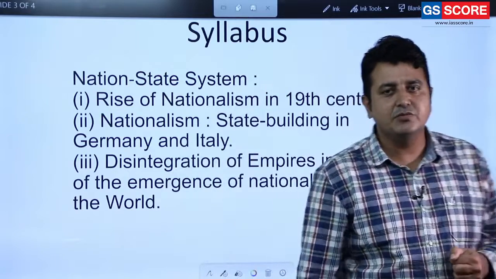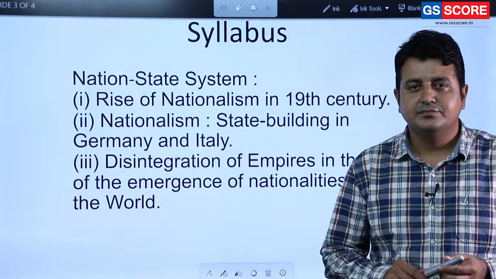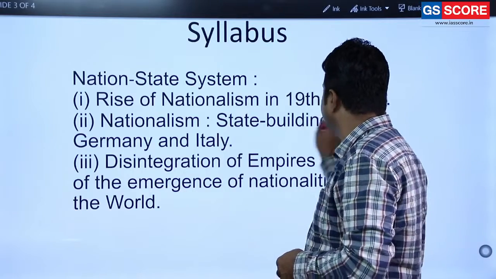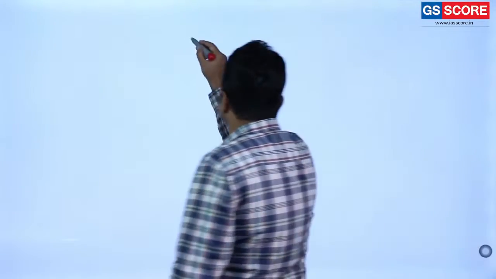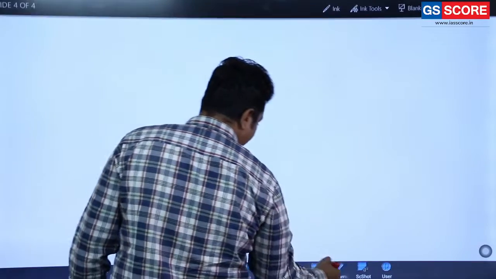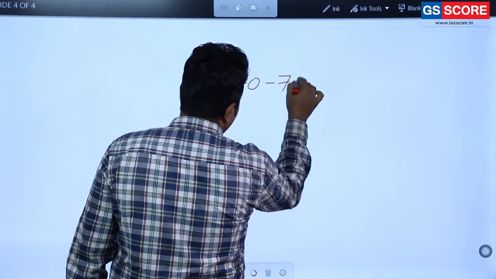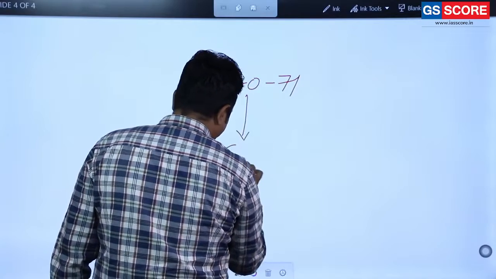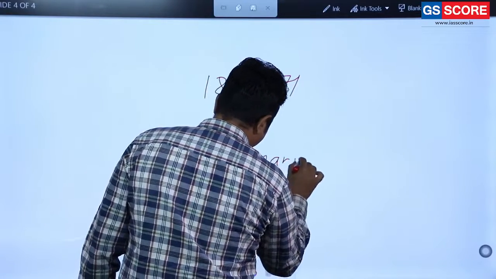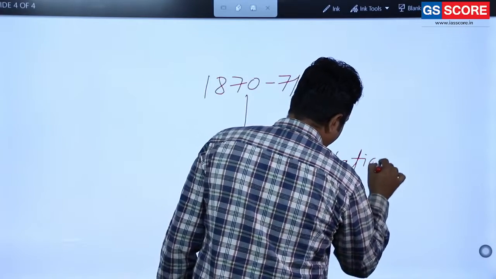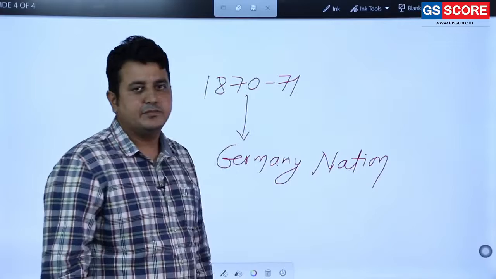What do you think? Was the unification of Germany a sudden event?